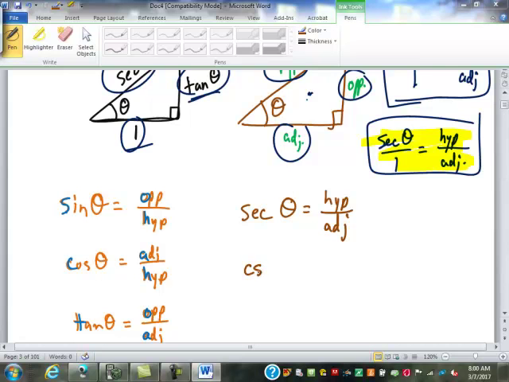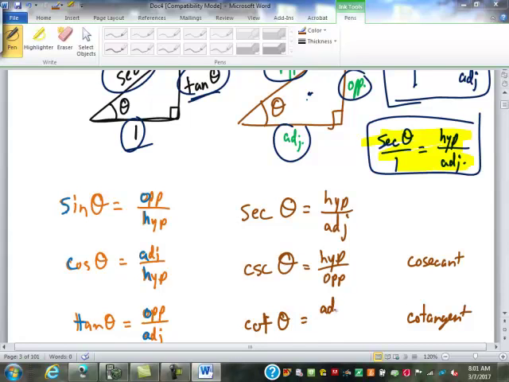The cosecant is equal to the hypotenuse over the opposite side. And the cotangent of an angle is the adjacent side over the opposite side.